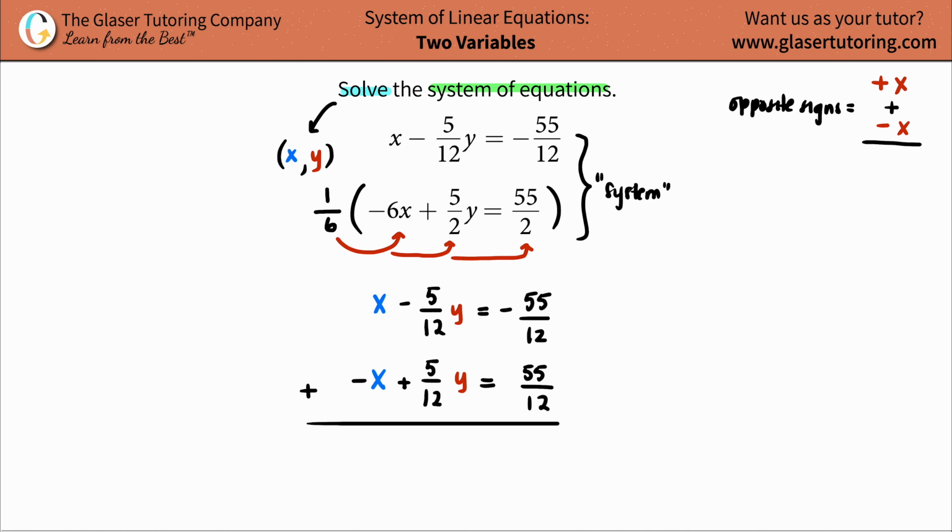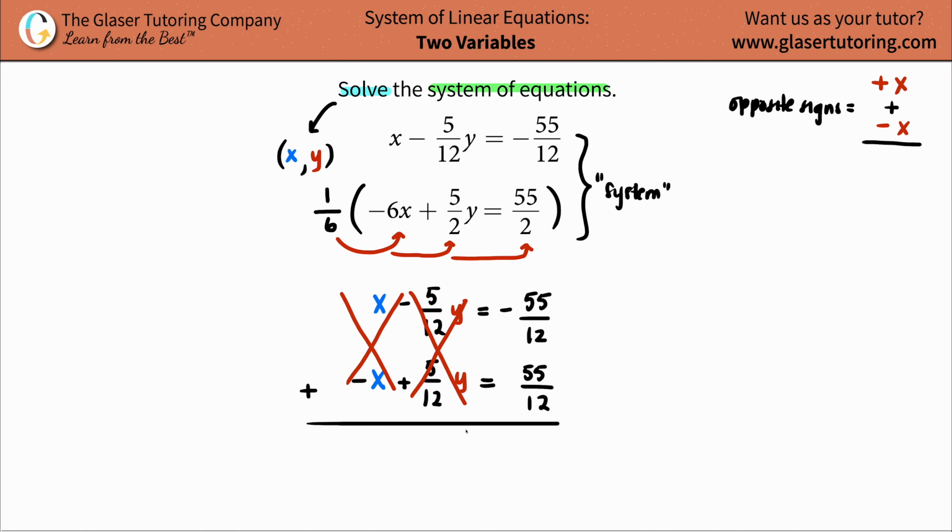But then this is interesting because x plus a negative x, that goes bye-bye. You lose that variable. Negative 5/12y plus positive 5/12y, that goes bye-bye. You have nothing on the left side. And I just rhymed, right? You got no more y on this side.